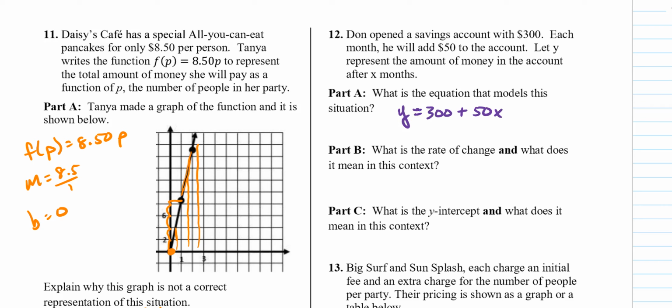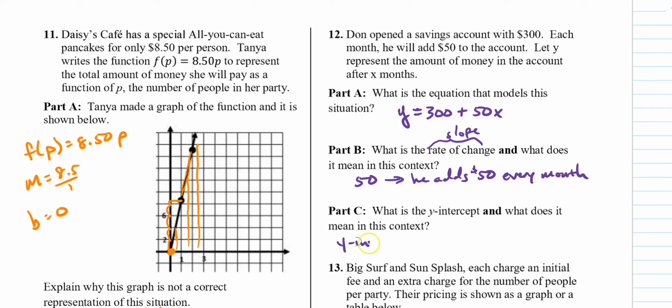What is the rate of change and what does it mean? Well, remember, rate of change is just another way to say slope. Our slope is 50, and it means he adds $50 every month. What is the y-intercept and what does it mean?